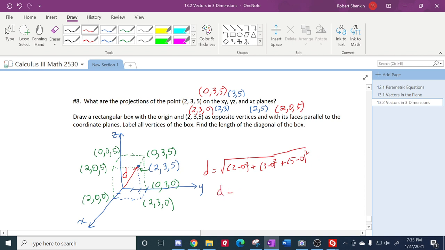And D is equal to the square root of 4 plus 9 plus 25, which is the square root of 38. Good. All right. Any questions?